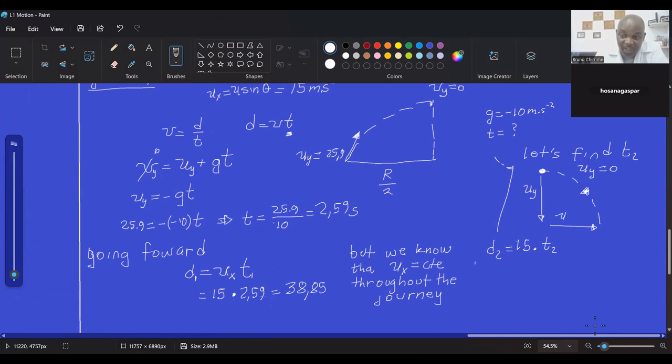Ux is not 0, it's 15. But we want time, so we want the vertical aspect. So it starts with a 0. And what about vy, the last velocity? We don't know. The last velocity we can't assume. But we know g, which is 10.